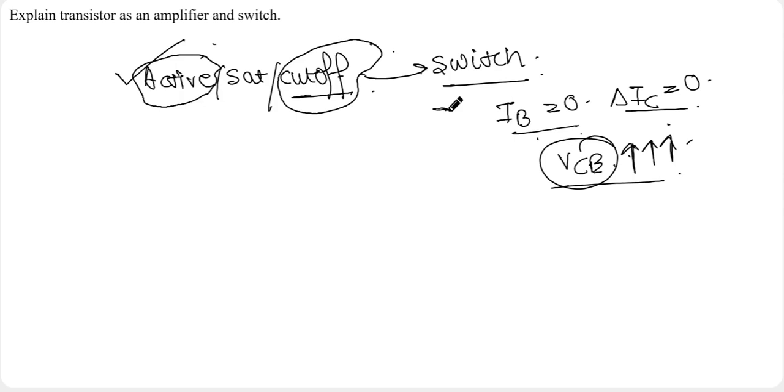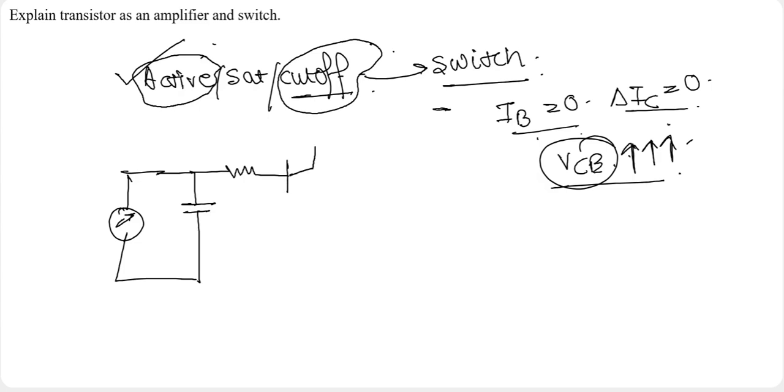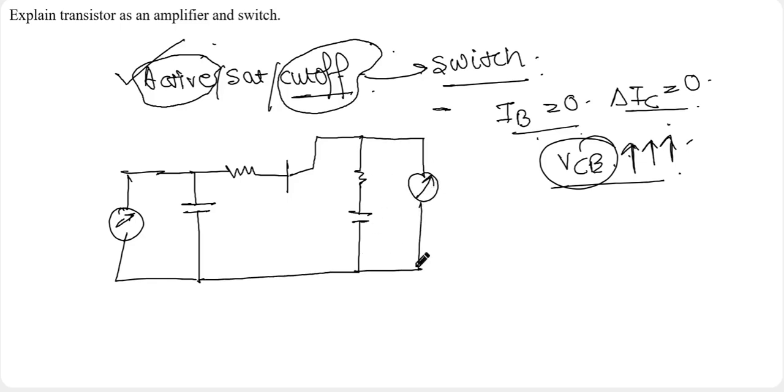So if you want to draw the circuit diagram of a transistor as a switch, it will be like this. This is the circuit diagram.